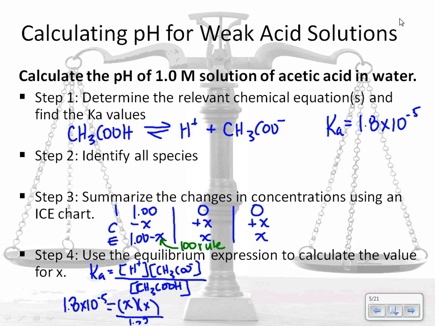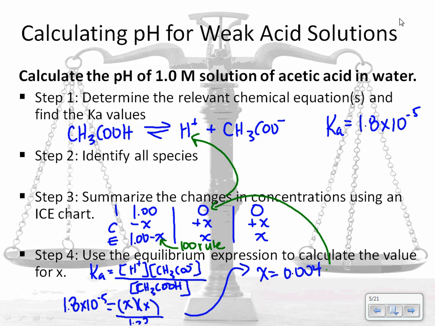So when you rearrange your equation and solve for X, you should get that X is 0.004. That, if you look back up to your ICE chart, is also your concentration for your H plus. So now you can do your pH equation, negative log of the concentration of H plus, and you get your pH is 2.37.